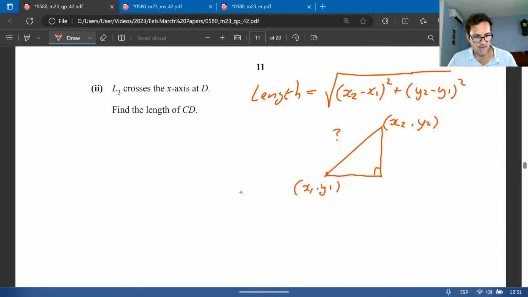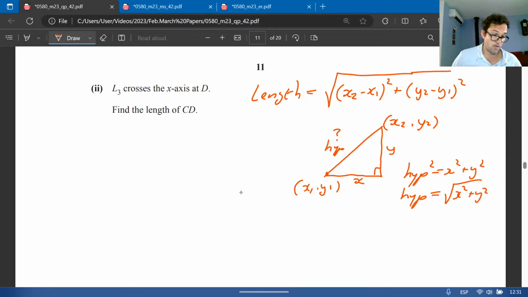If I subtract x1 from x2, I get the length there, and I subtract y1 from y2, I get the length there, and then I use Pythagoras to get the hypotenuse. The hypotenuse squared being x squared plus y squared, or the square root of x squared plus y squared. You need to remember that formula to help you.